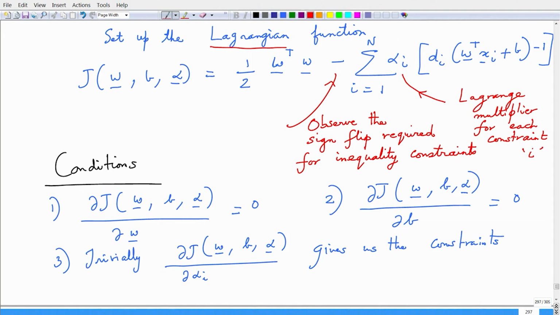So J is a function of the weight vector W, the bias b, and a vector alpha which comprises all the Lagrange multipliers, one for each constraint.